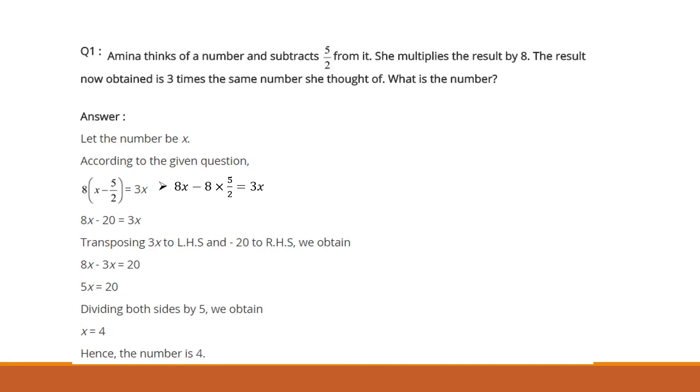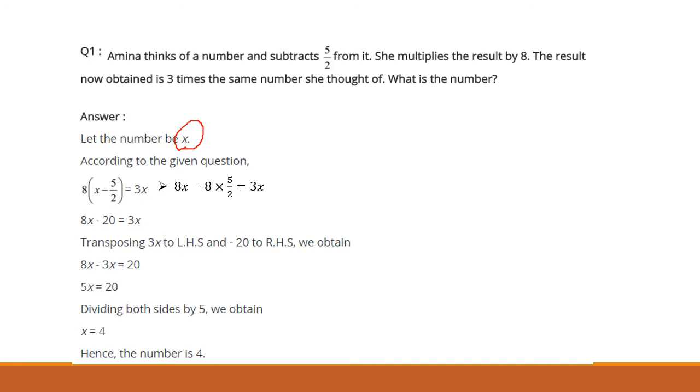Children, let the number be x, the number thought by Amina. According to the given question, x minus 5 by 2 into 8 is equal to 3x.